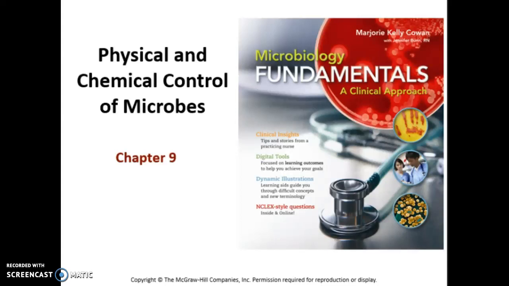All right, here for Chapter 9, we are going to look at how to control for microbes. And this is going to be both looking at physical and chemical means of control, and it is really going to focus on outside of the body.